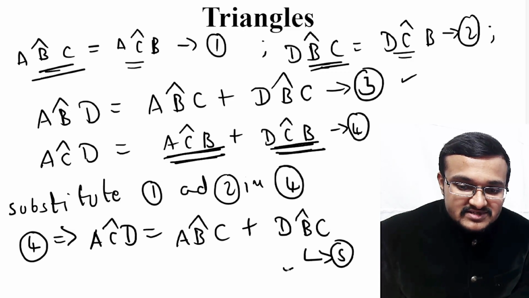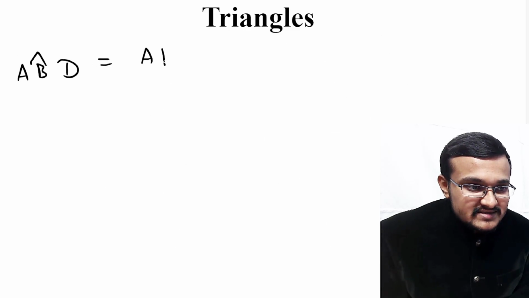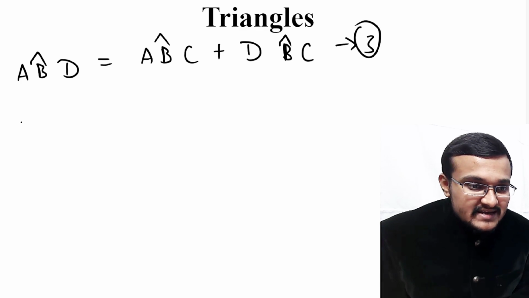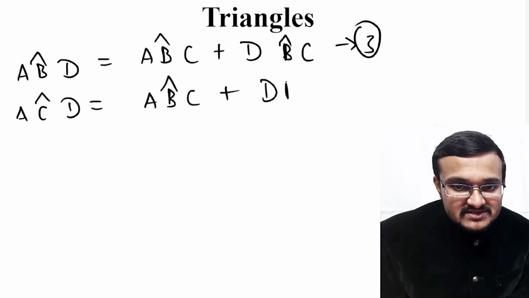Now you can compare equation 3 and equation 5. I'll write equation 3 and equation 5 once again. ABD is equal to ABC plus DBC. This was equation 3. And equation 4 we have rewritten as equation 5, that is ACD is equal to ABC plus DBC.